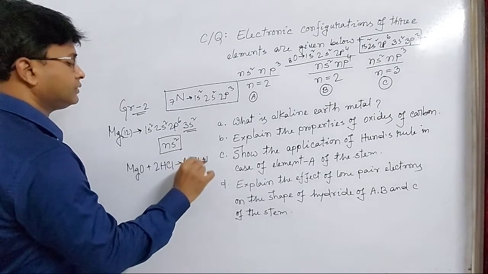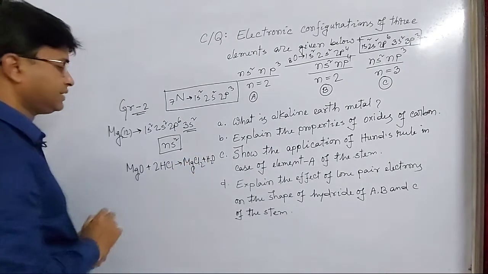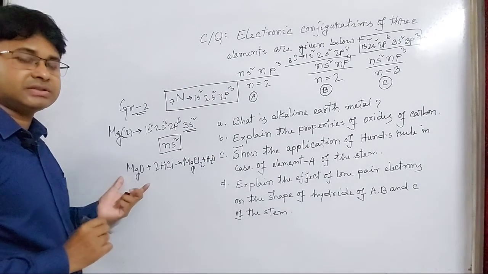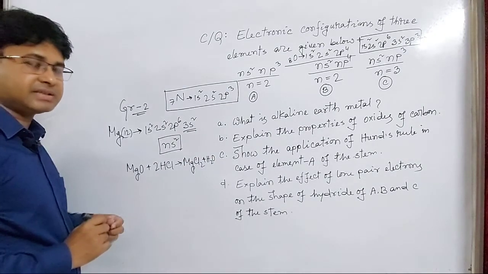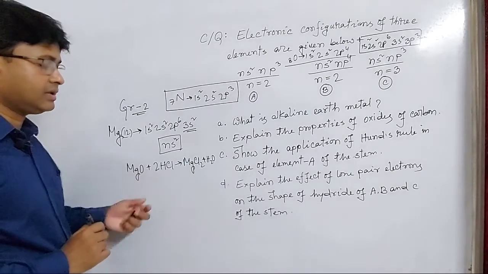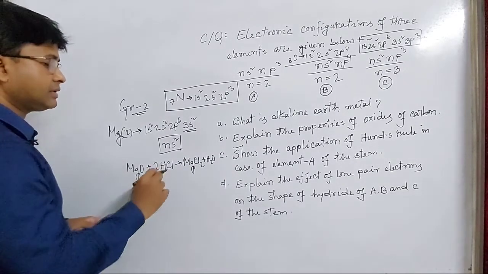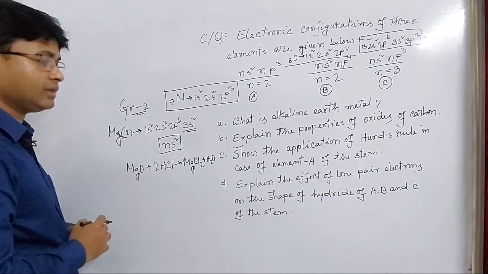I am showing you an example. Magnesium oxide is basic in nature because it reacts with hydrochloric acid to produce magnesium chloride and water.